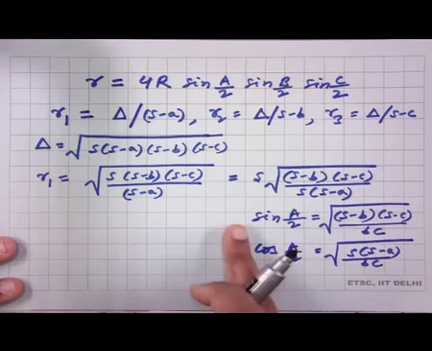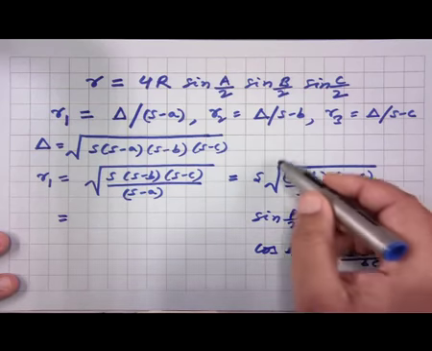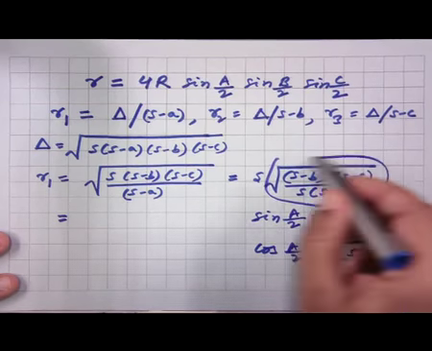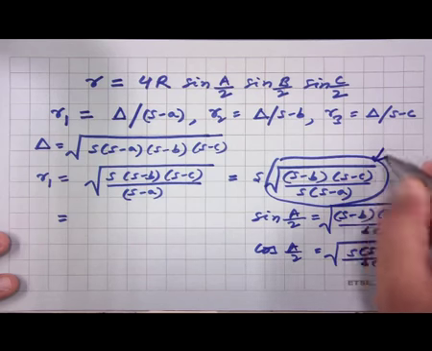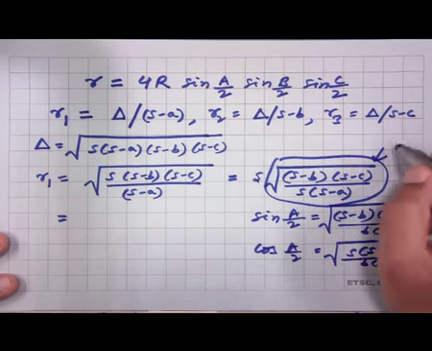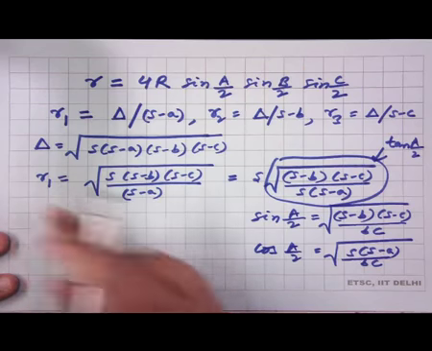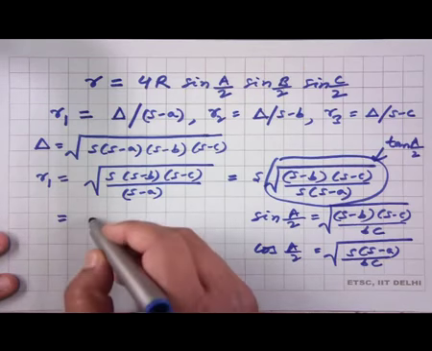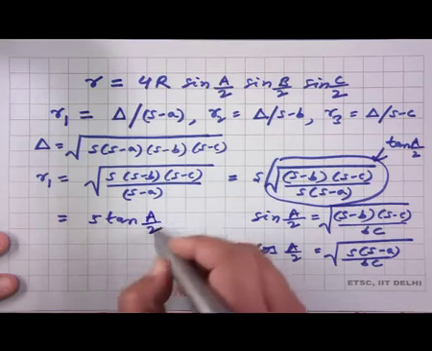Looking at these two expressions, it is not difficult to see that this expression here is nothing but sin A/2 divided by cos A/2, which is tangent of A/2. Therefore, another formula for R1 is S times tan A/2.